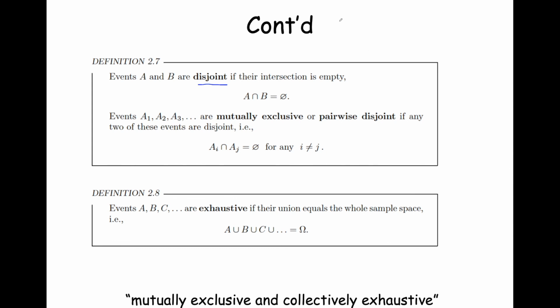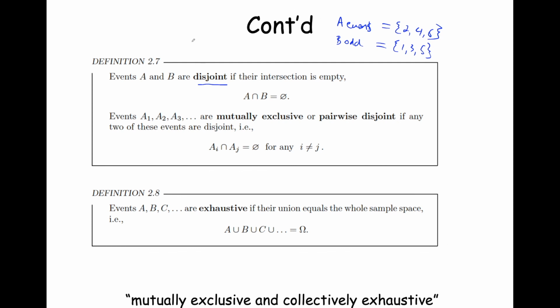So let's say A is equal to the set of evens from the die roll. That would be 2, 4, and 6. And let's say B were the set of odd outcomes from a die roll. That would be 1, 3, and 5. If we were to look at what's common between A and B, the intersection, they share nothing in common.